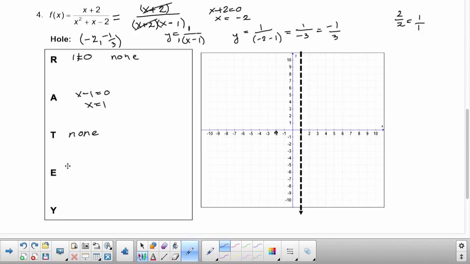Looking on to end behavior, we want to go to our highest degree and take a look at those degree values. Now up here I have a 1, but I still have a degree because I could have written x to the 0 here. From our exponents unit, we know that x to the 0 is just 1, so I'm not changing anything.